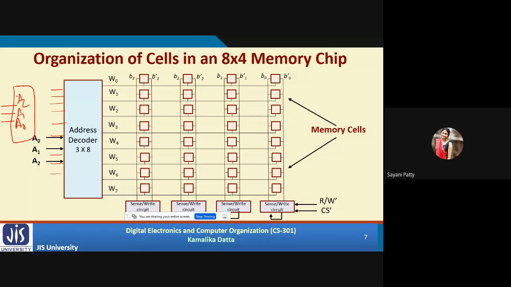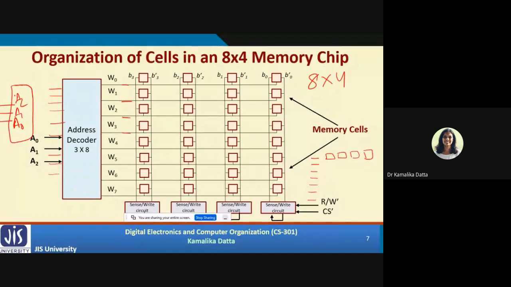But how many total words are there? 8x4: there are 8 such lines, and each line is 4-bit. So there are 8 words, W0, W1, W2, W3, W4, W5, W6, W7, and each word is 4-bit. All of you agree to this?